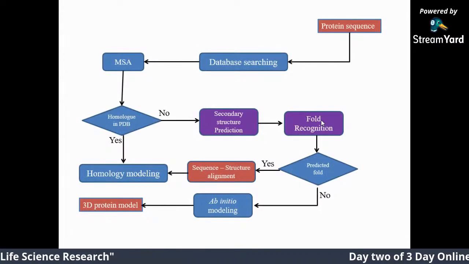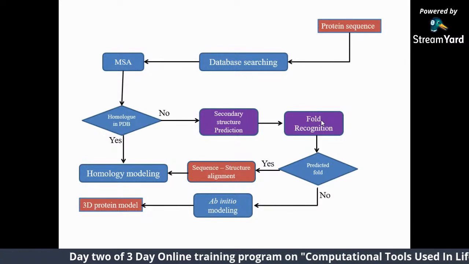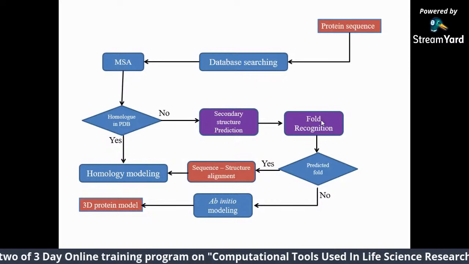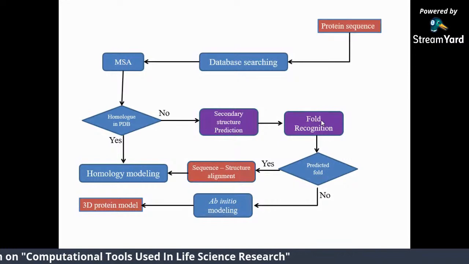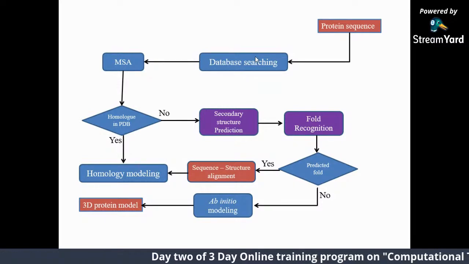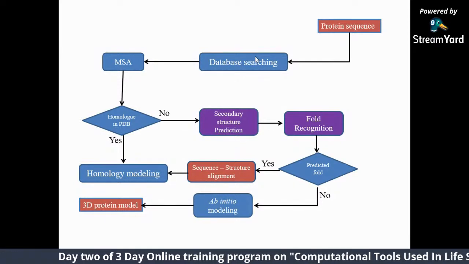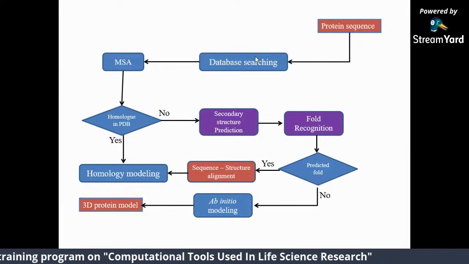So these are some steps involved when we go for computational protein structure prediction. First, we need to start with a protein sequence, and then we need to identify if any existing homolog or similar protein structure is available in the database, meaning any database where protein structures are stored, like PDB.